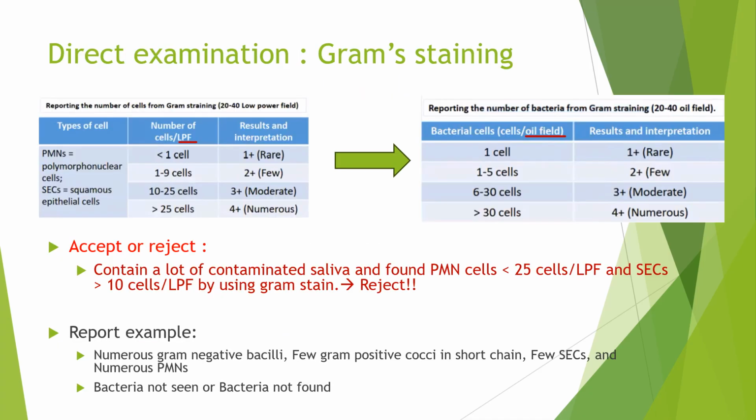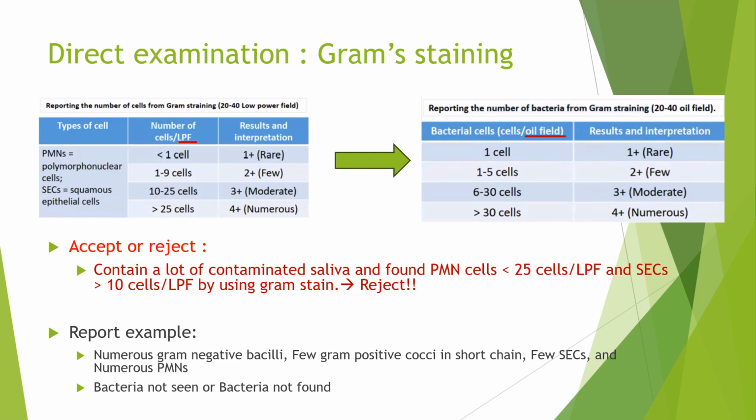Okay, for reporting the number of cells from gram stain, we observe PMN and SEC in 20 low power fields, and we can average it. Then we count the cells per low power field.